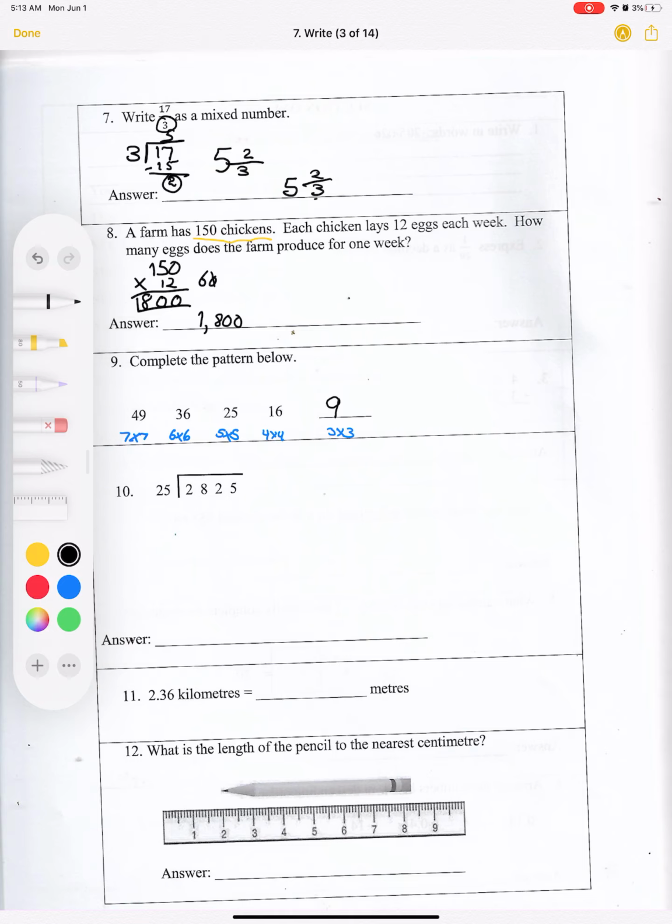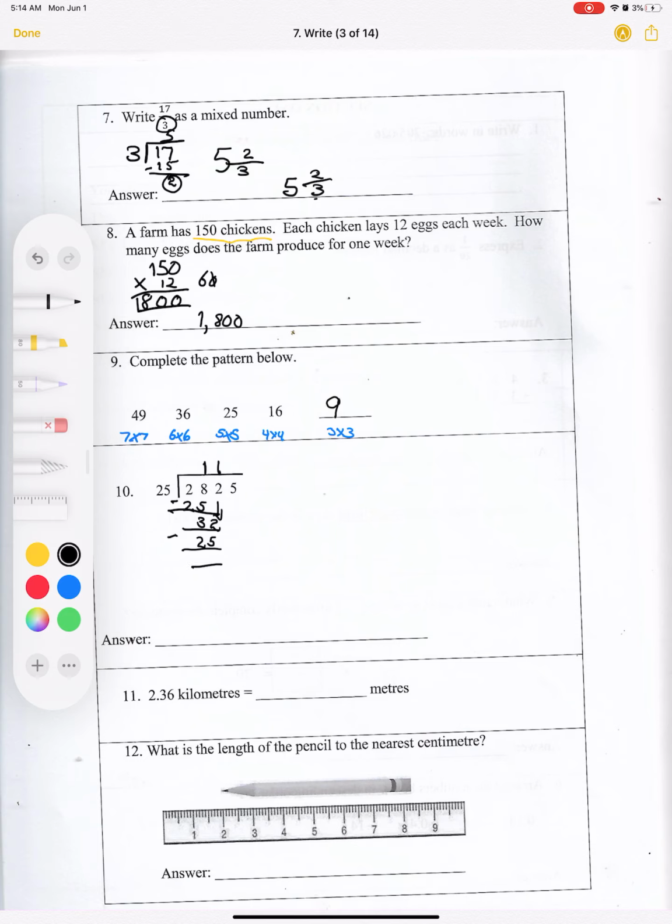Number 10. 25 into 2,825. 25 into 28, obviously 1. 1 25 is 25. 28 take away 25, 3. Bring down the 2. 25 into 32 is still 1. 1 25 is 25.